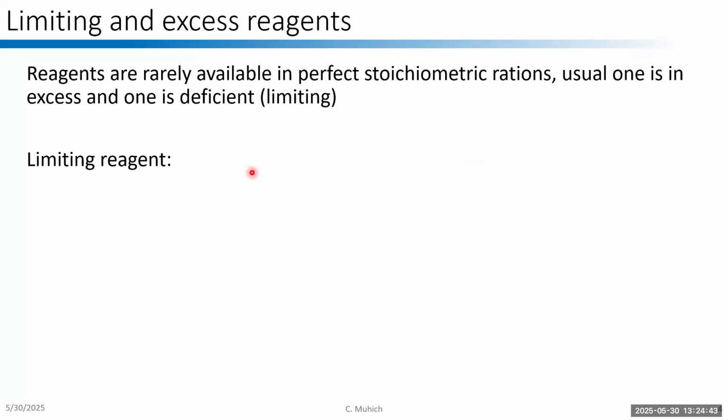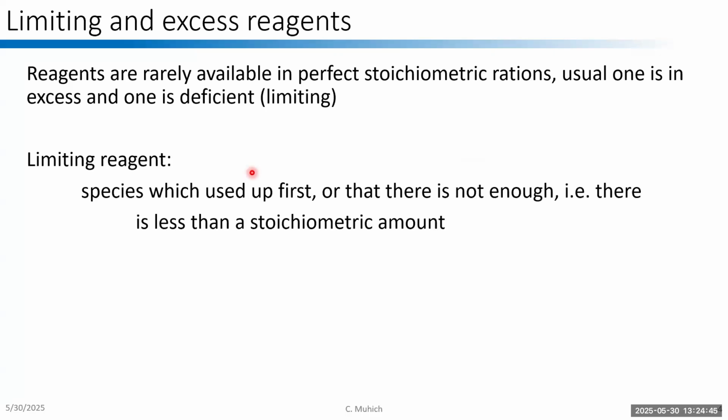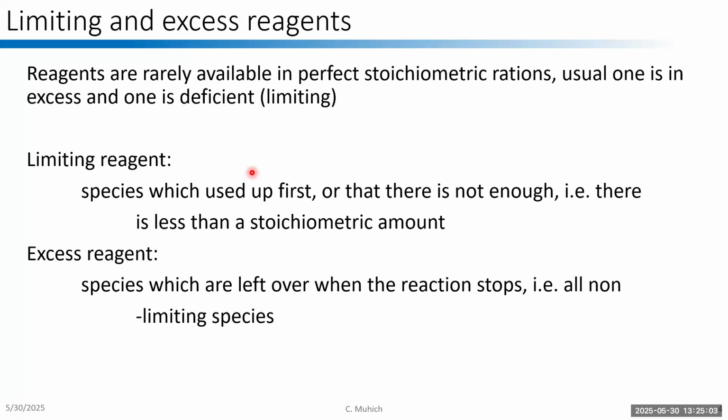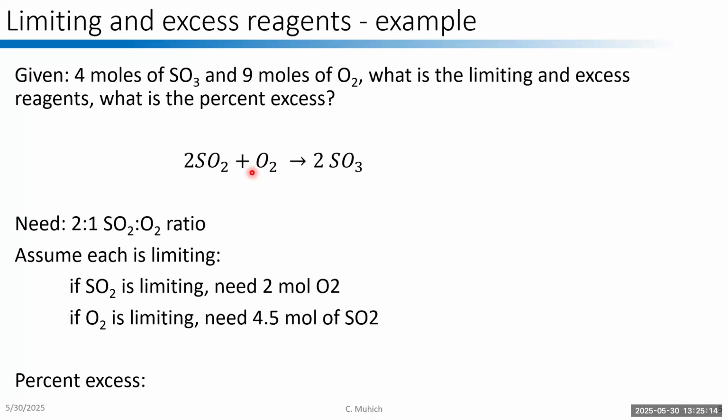We have our limiting reactant, our limiting reagent, which is the species that's used up first, or in other words, the species that there's not enough of. In other words, there are fewer moles than needed to fully react the other reactants. The excess reagent or reagents are the species which are left over when the reaction stops, i.e., all of the species which are not the limiting species.